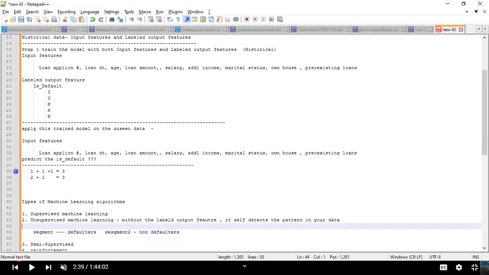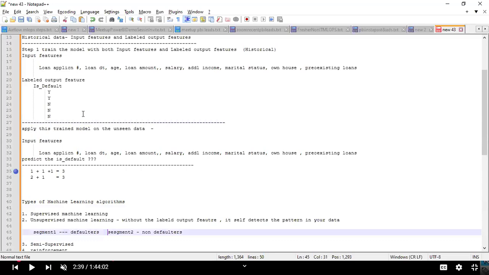So what you do next is you can take all the customers that are falling in segment 1 or group 1 as your defaulters. Those customers fall in this segment, you put Y in this column for this set of customers, and then for this set of customers you put N because they're non-defaulters.